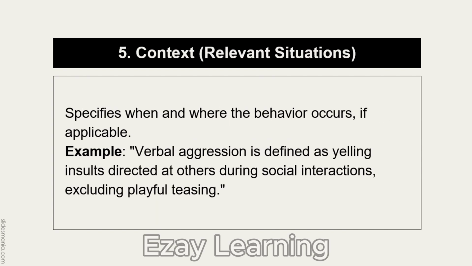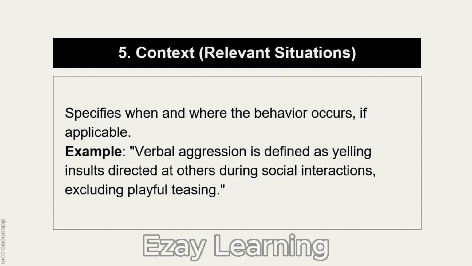Next, specify when and where the behavior occurs, if applicable. Specify what happens before the behavior occurs, how the situation is triggered, or in what environment it is occurring. So you are providing the context and explaining the relevant situation.